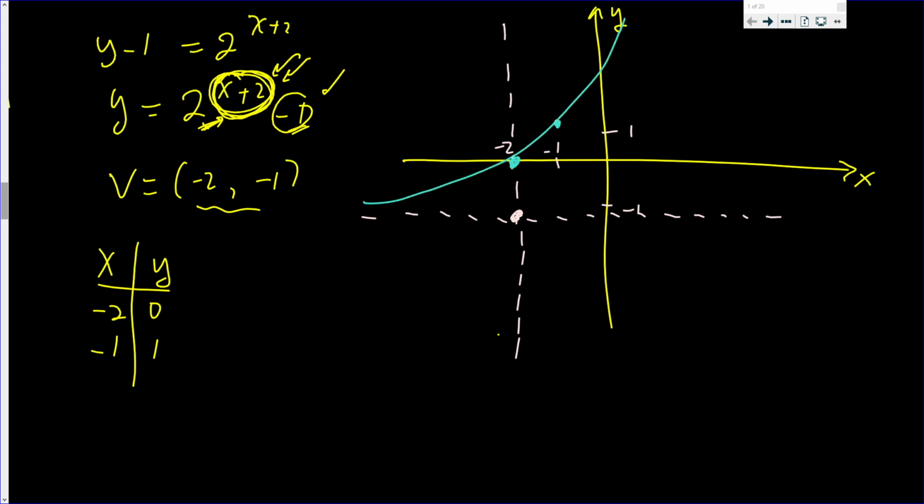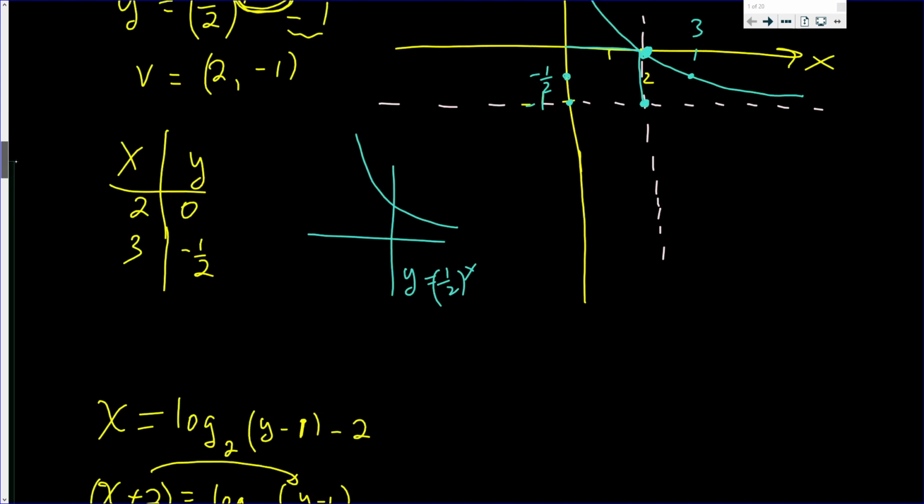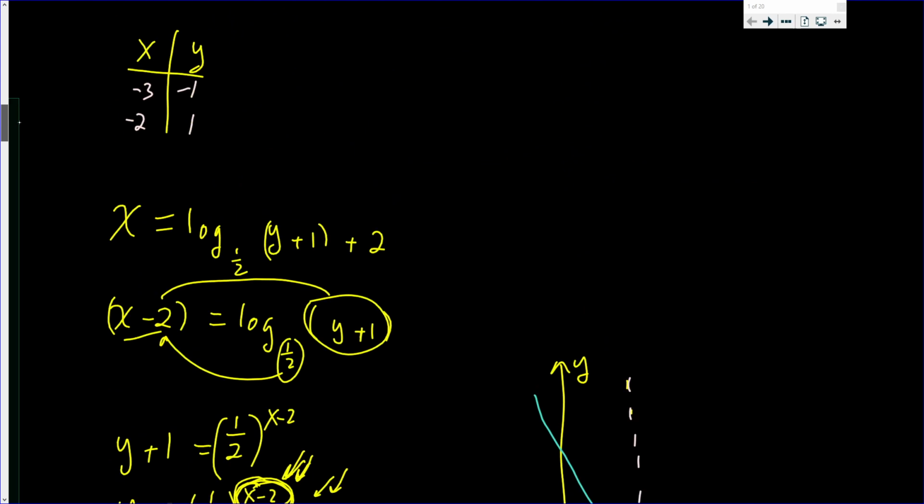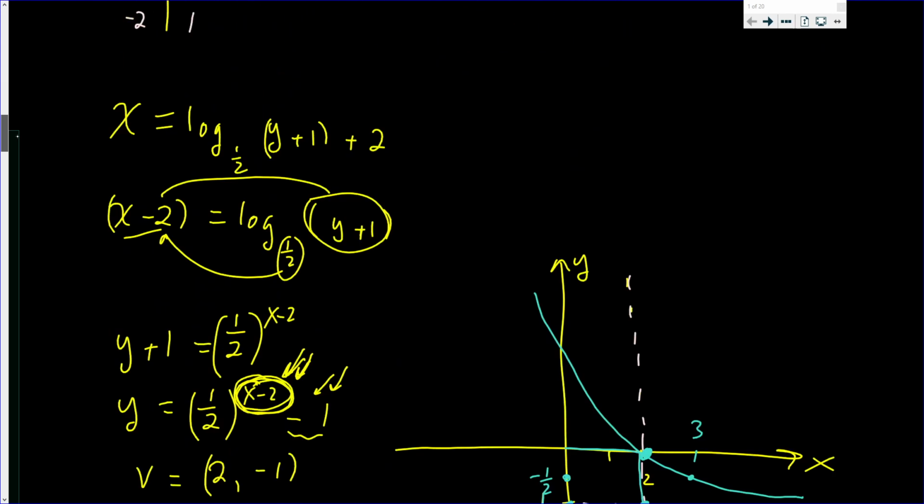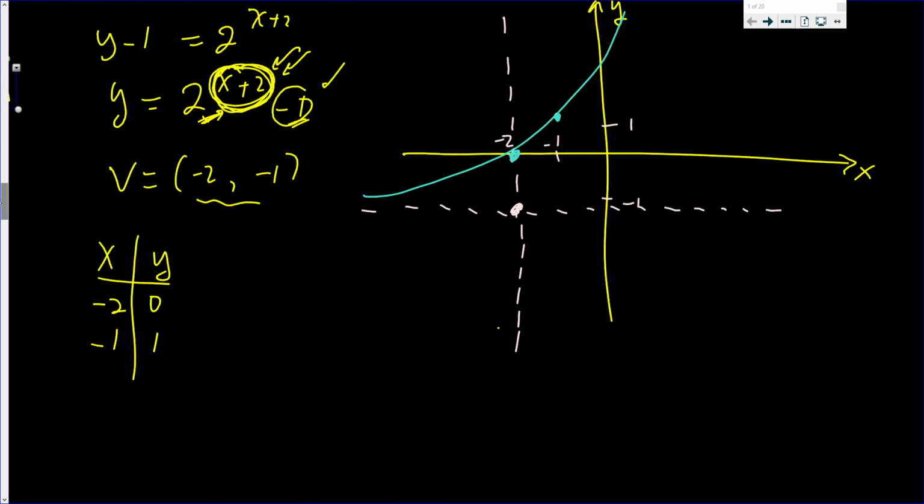There's my graph. Now, one thing you might want to do, and I've been looking for this. I don't think it happened in, oh, it did. Okay. We should find out where it crosses the y-axis, just to make our teacher happy.